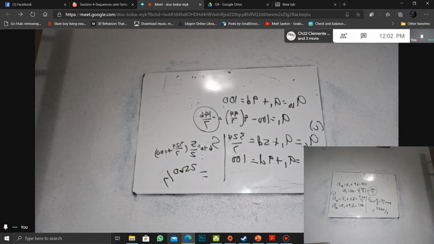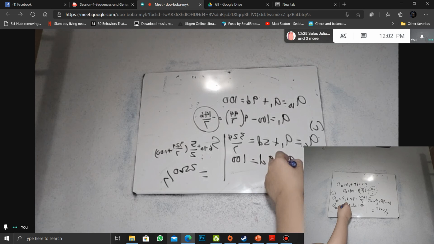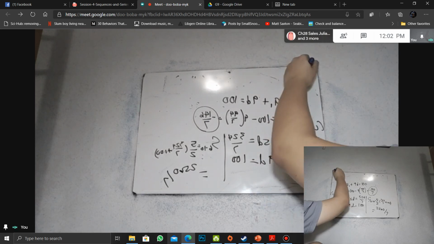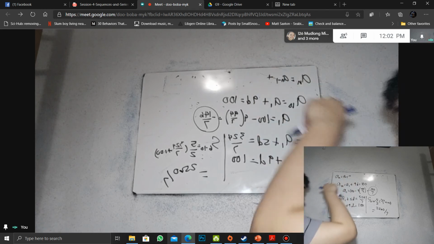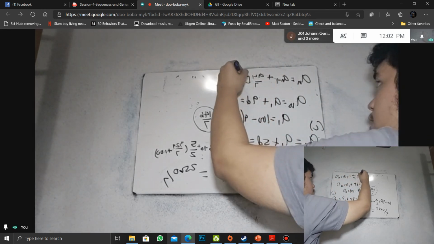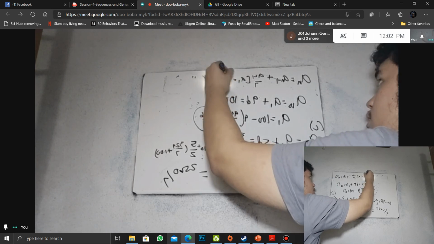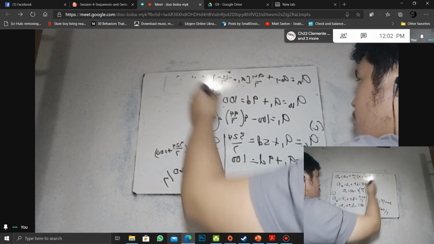Letter D, recursive and explicit definition. Recursive is A sub n equals A sub n minus 1 plus yung common difference which is 94 over 7 if A sub 1 equals negative 146 over 7. Explicit, A sub n equals ito.